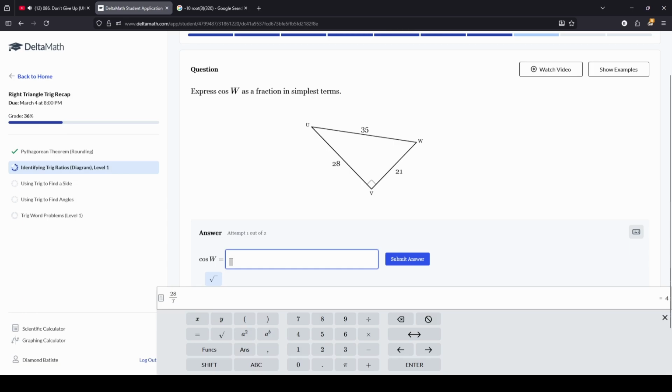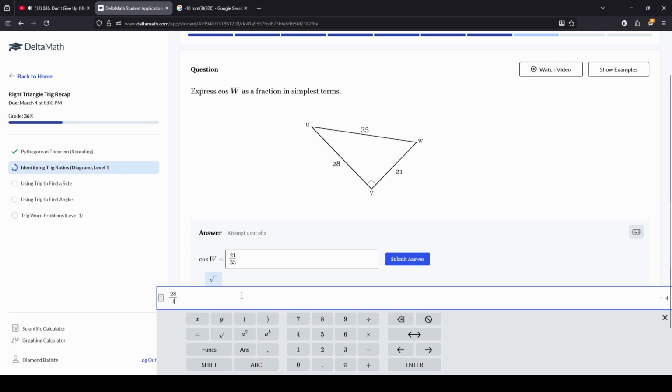Cosine W. W is on the right, bottom right, so CO, which is top. The S is right, so we want 35. Yeah, okay, that's affirmative.